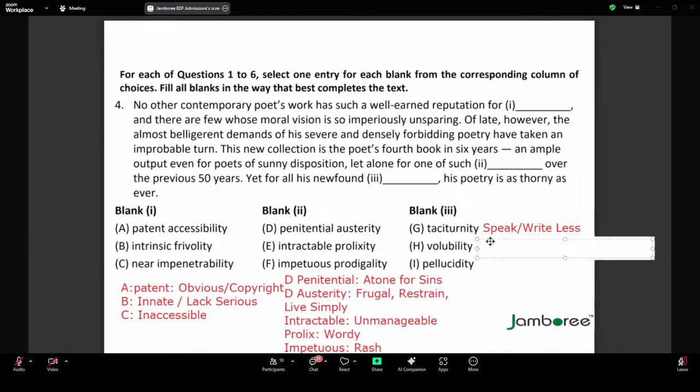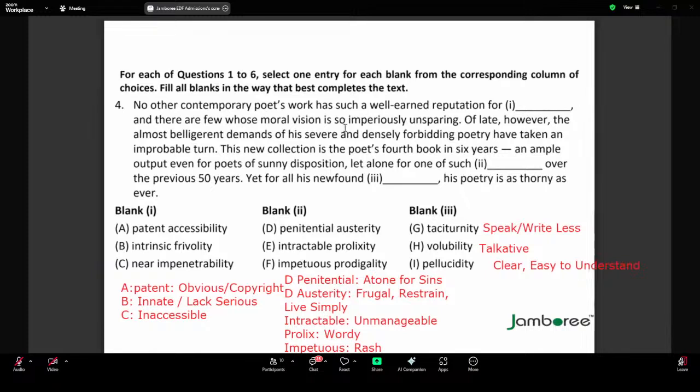Voluble is the opposite of speak less, so it is talkative. Could be loquacious as well. Lucid is clear, easy to understand. That's what I'm saying, it has so many meanings.